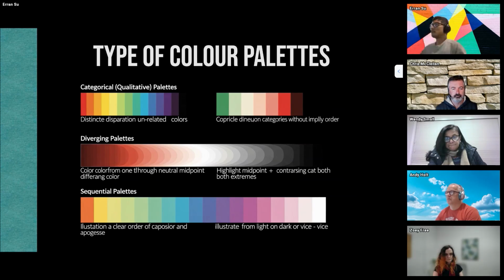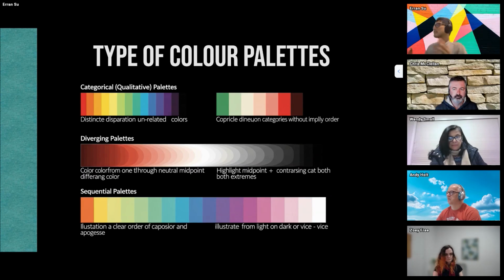And the third type is diverging palettes. The reason I introduce this last is that a diverging palette is basically two sequential palettes put together, but with a neutral point, right? In this case, you have the neutral point, which is white, and then on one end you've got red, on the other end you've got black.